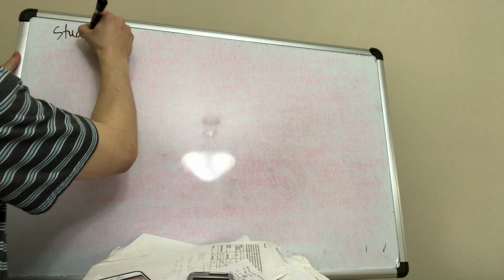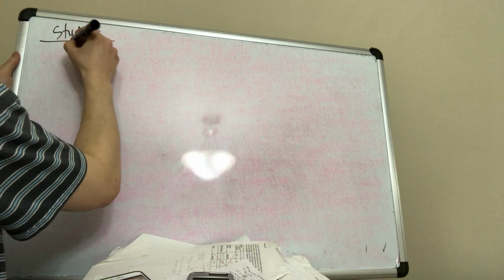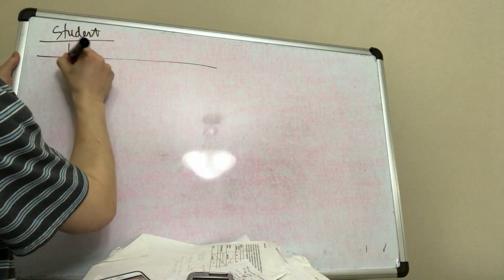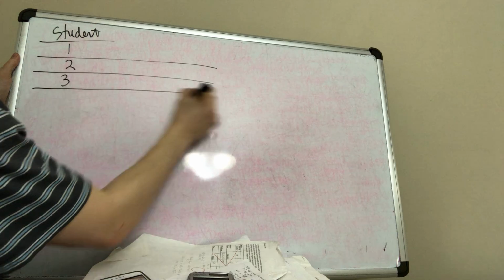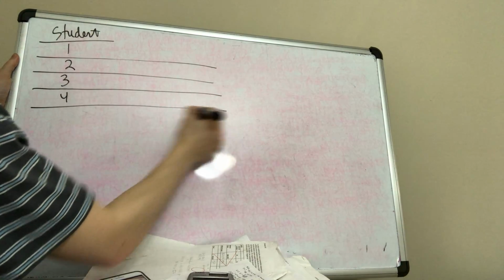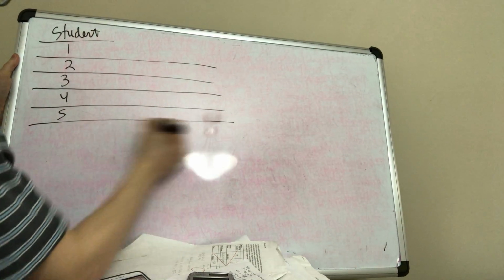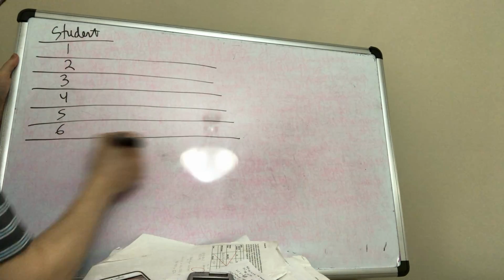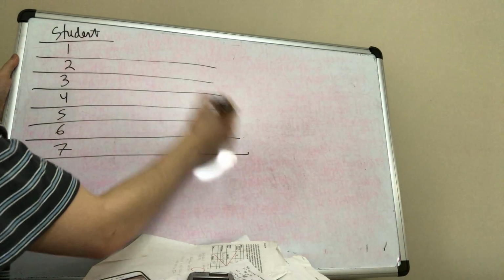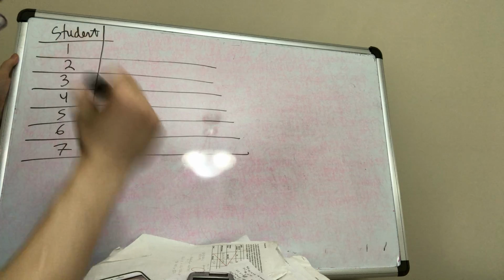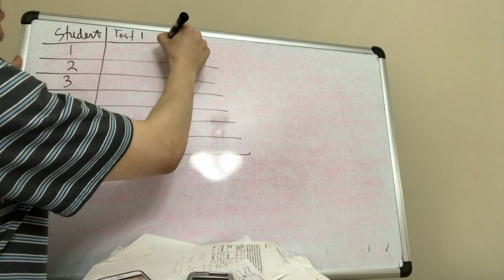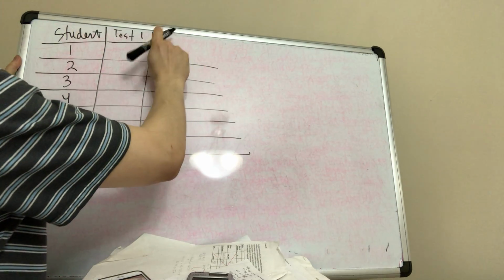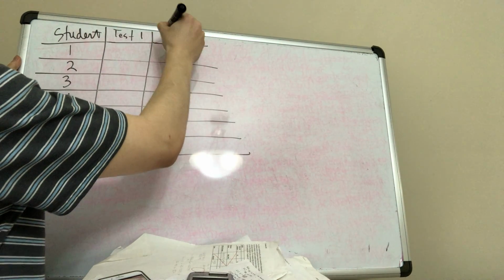So you have one group of students, and there are 7, so one group of 7 students. And for the same group, we recorded what they did in test 1 and what they did in test 2.